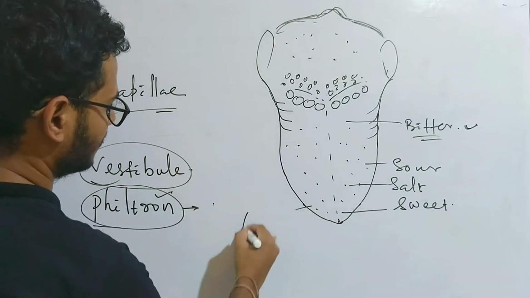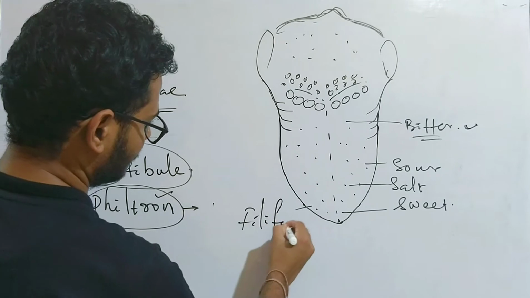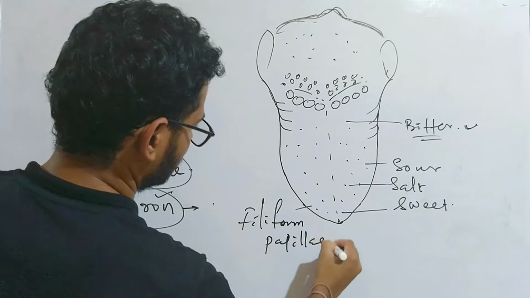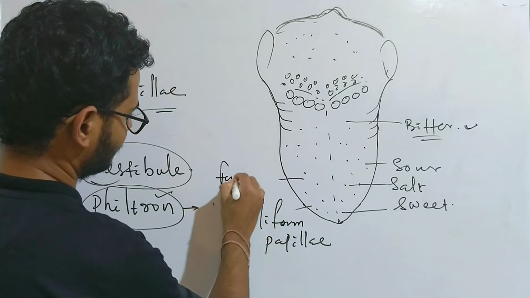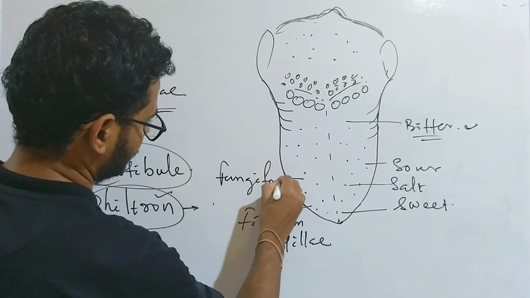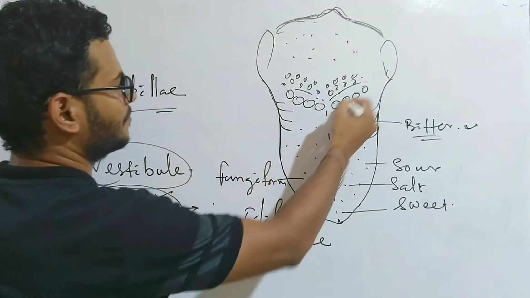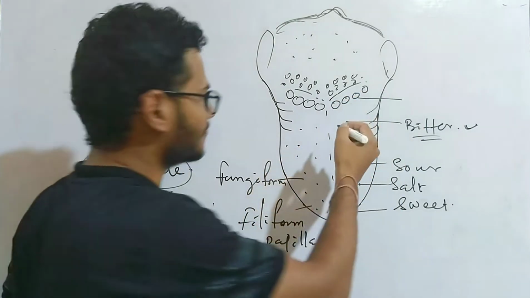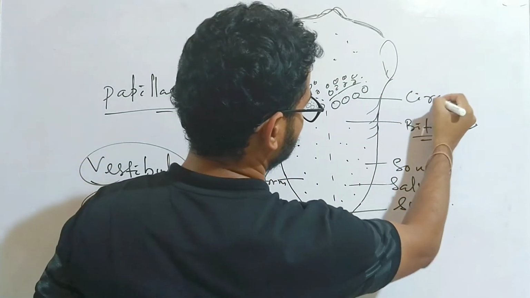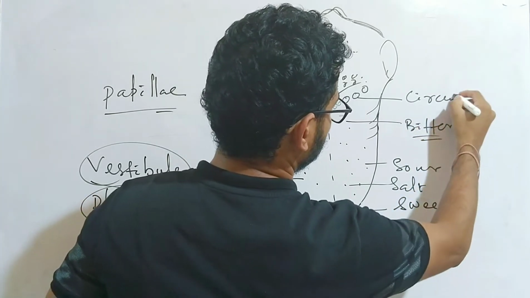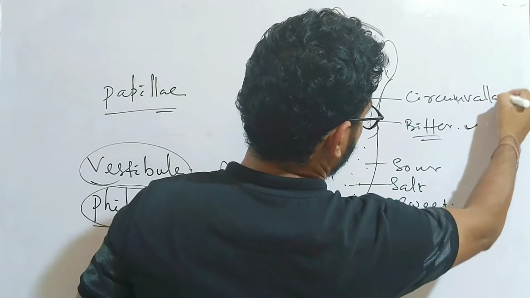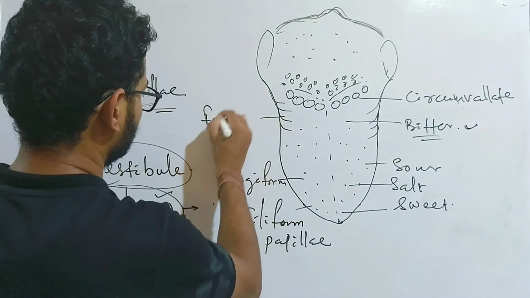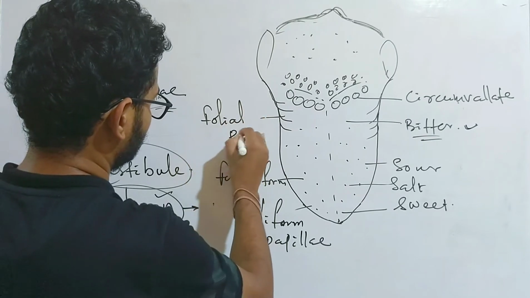Here we will have the filiform papillae, then the fungiform, then these V-shaped, these 4 plus 4, 8 V-shaped papillae are called circumvallate papillae, and here the foliate papillae are there.